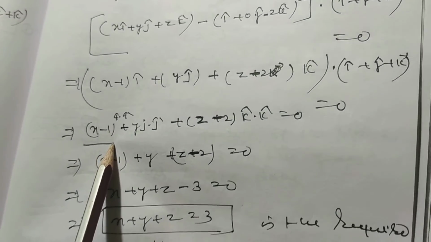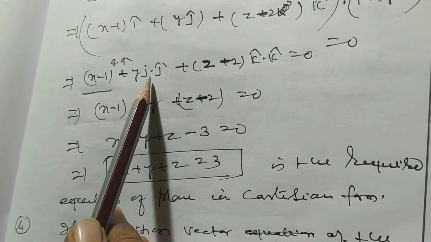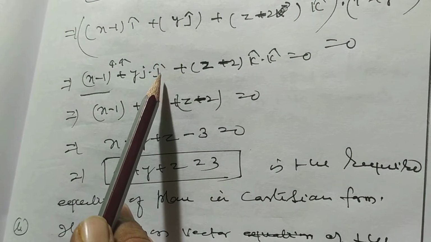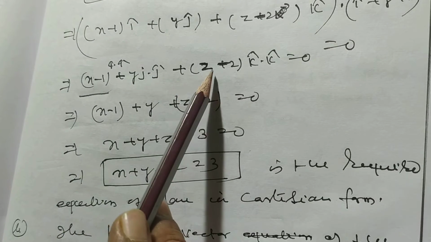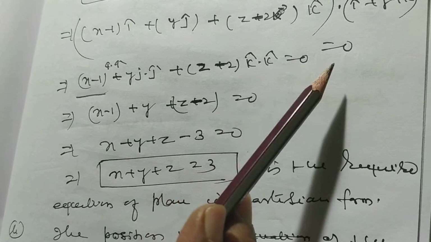It will be (x - 1) i cap dot i cap, y j dot j cap, and (z - 2) k cap dot k cap is equal to 0.